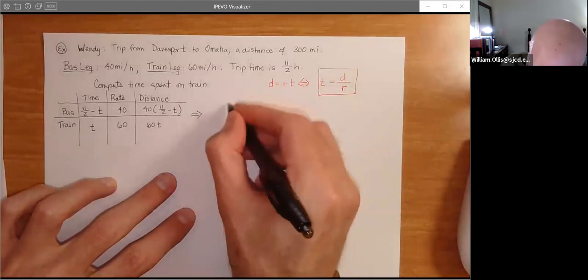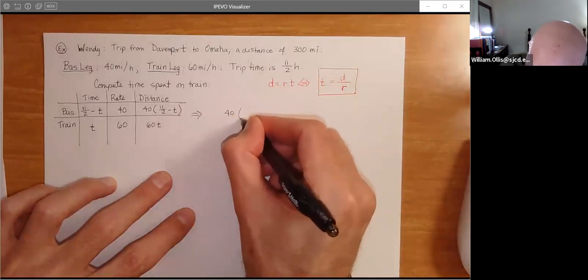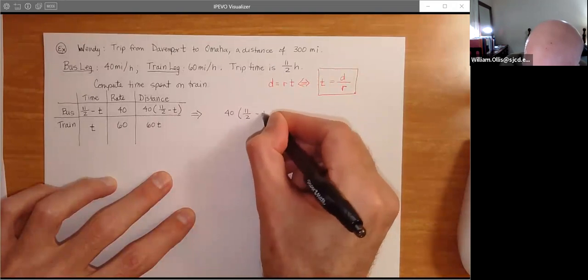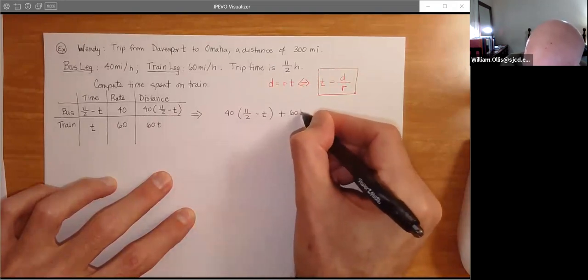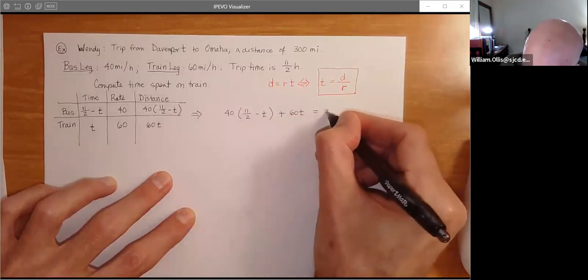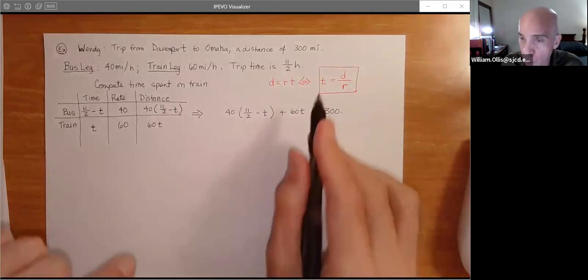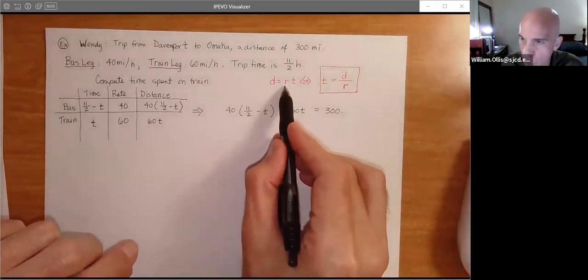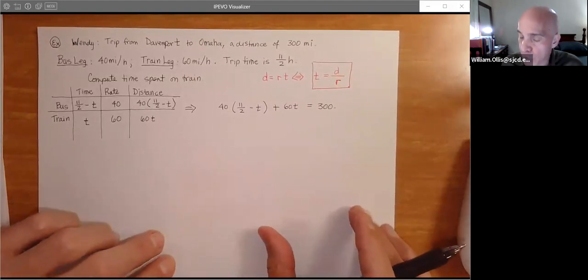So by logic, we have 40 times 11 halves minus t plus 60t must equal 300. So again, if you write something down that you don't necessarily use, no problem. Extra is good.